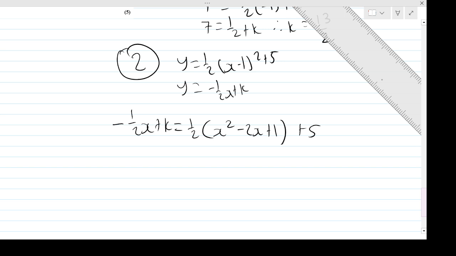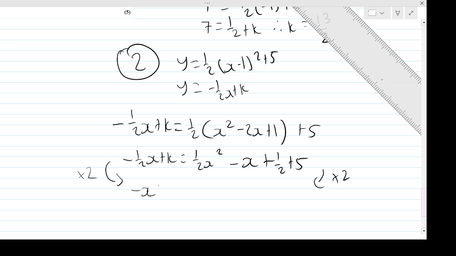Then if we expand the half out, we get minus a half x plus k equals a half x squared minus 2 times a half, which is just minus x, plus a half, add 5. Actually, what I can do then is times the equation by 2 just to get rid of the fraction.